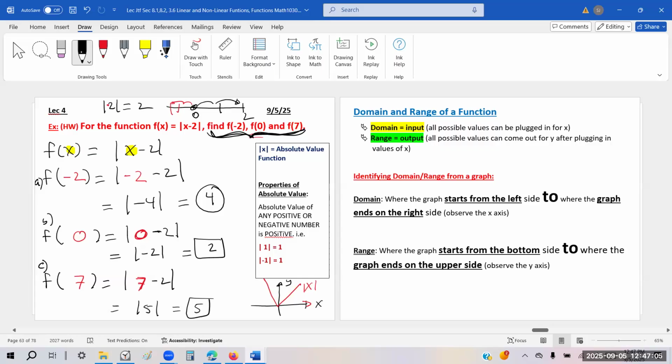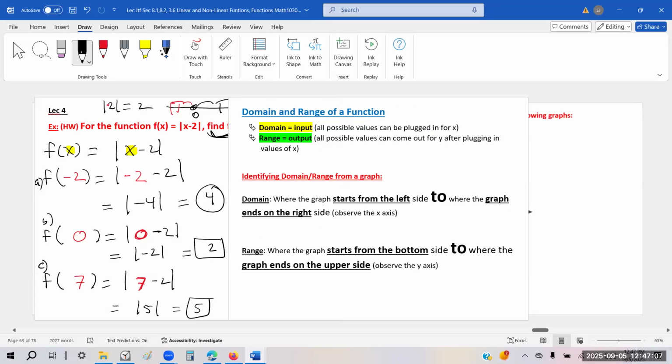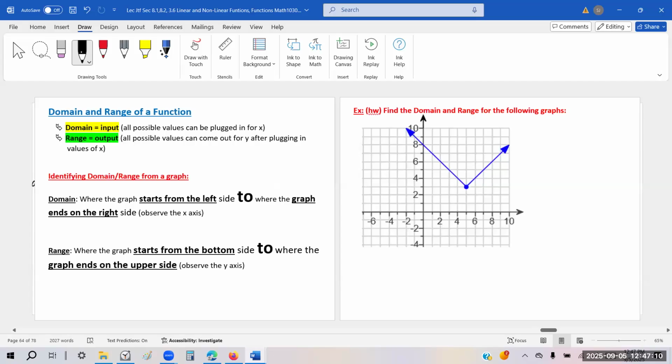It sounds easy. So let's do some example and tell me if you don't understand why the domain is that and why the range is that. Is it a continuous graph or is it a piece of the graph? Continuous. So this line going on forever and ever, this line going on forever and ever and ever.